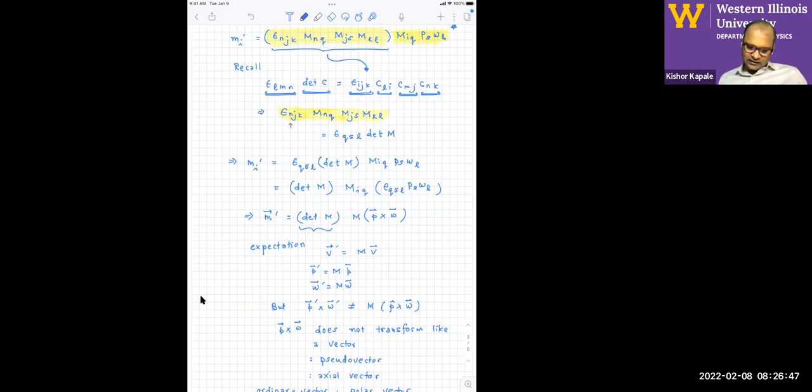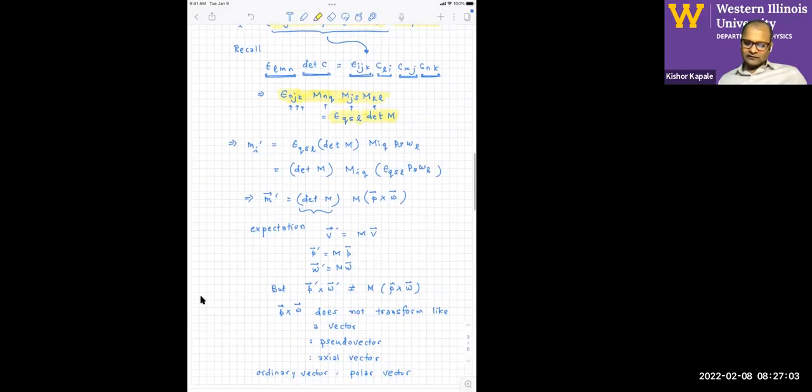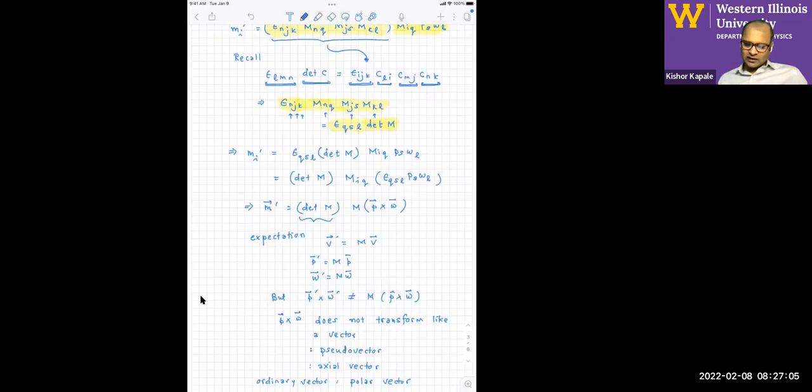The indices n would go away, j would go away, k would go away, and the remaining three indices will be left behind for the remaining Levi-Civita, and then you have determinant of m, right? And determinant of m we already saw is either plus or minus 1, depending on what sort of a transformation it is.